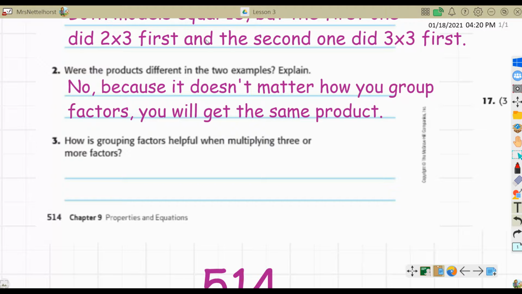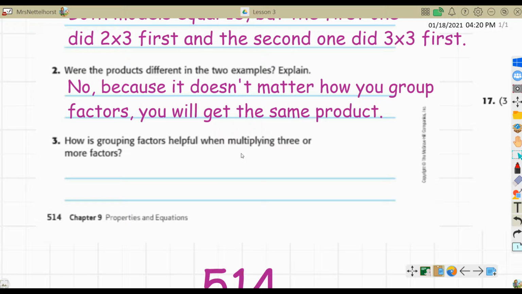How is grouping factors helpful when multiplying 3 or more factors? Okay, so let's talk about that. Well, it makes the multiplication easier because you can group friendly numbers together. You can make sure that your last problem that you have to do has one friendly number.